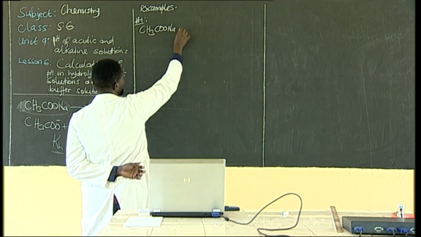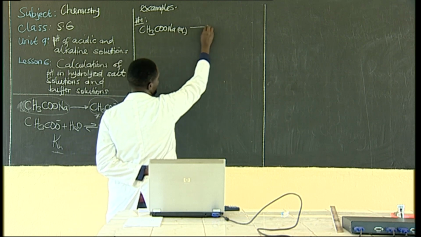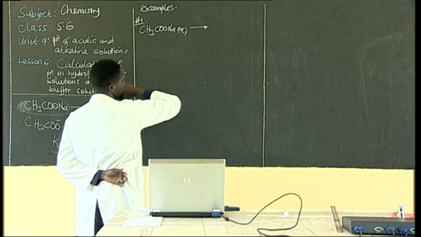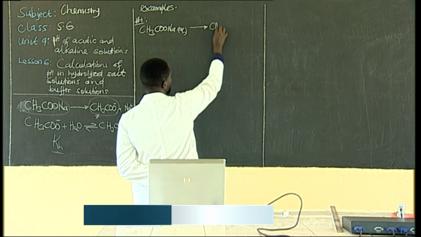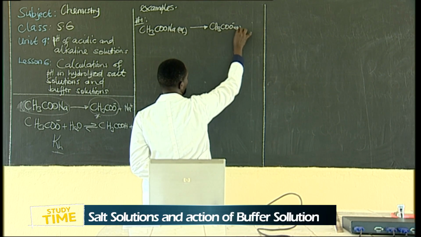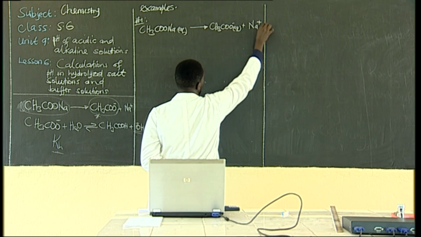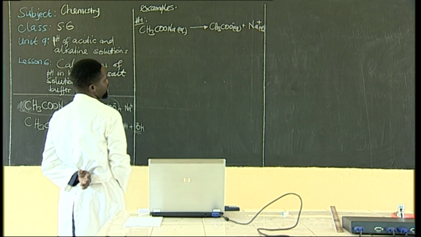ethanoate. When it is dissolved in water, that's what the aqueous implies, it strongly ionizes to form the ethanoate ions in aqueous plus sodium ions in aqueous. It is well balanced.